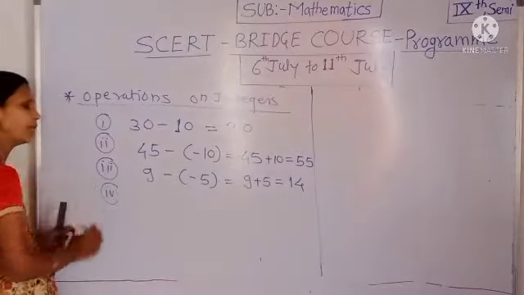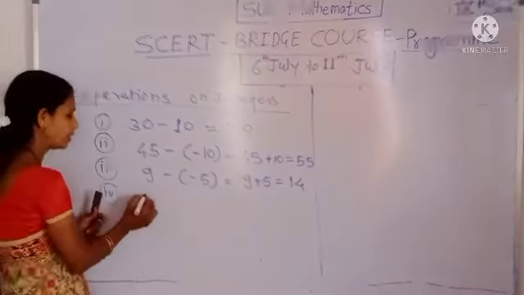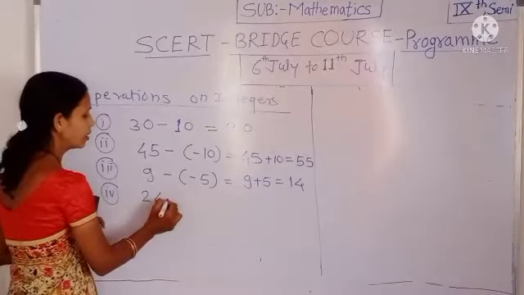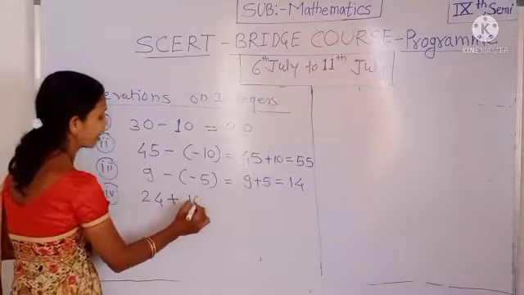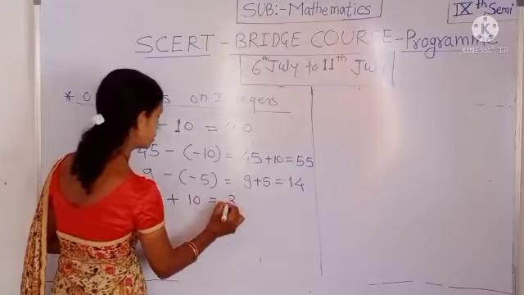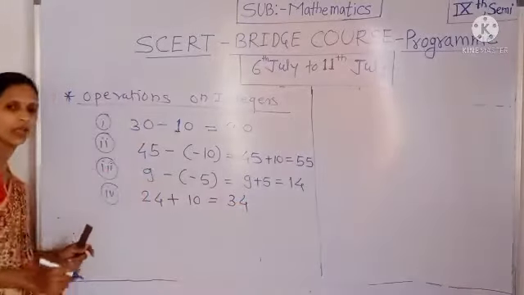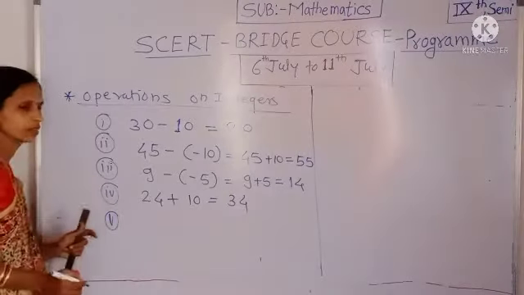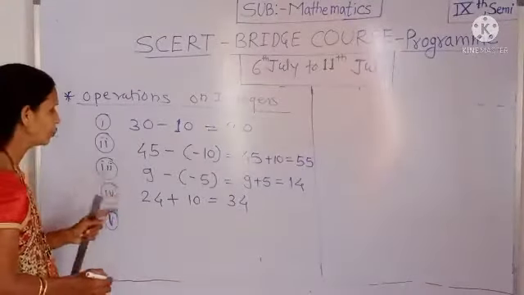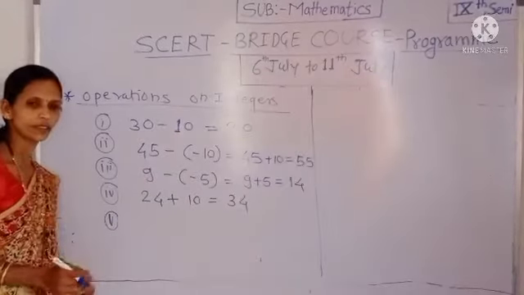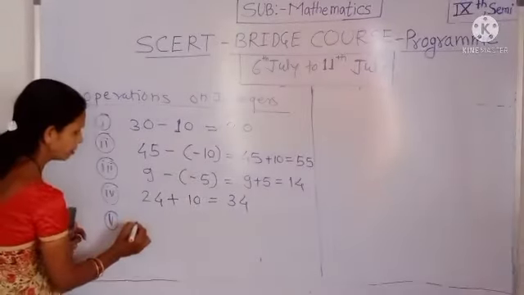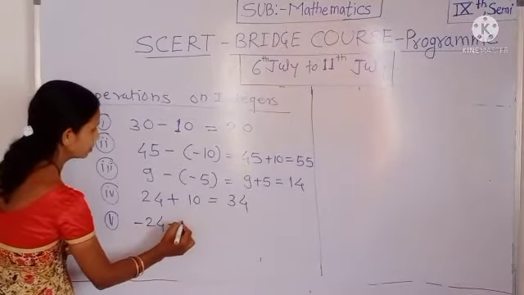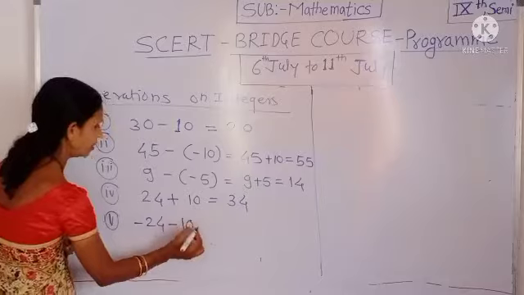Then one more example, see here, 24 plus 10, that is 34. Then a few examples related to those operations: see here, minus 24 minus 10.